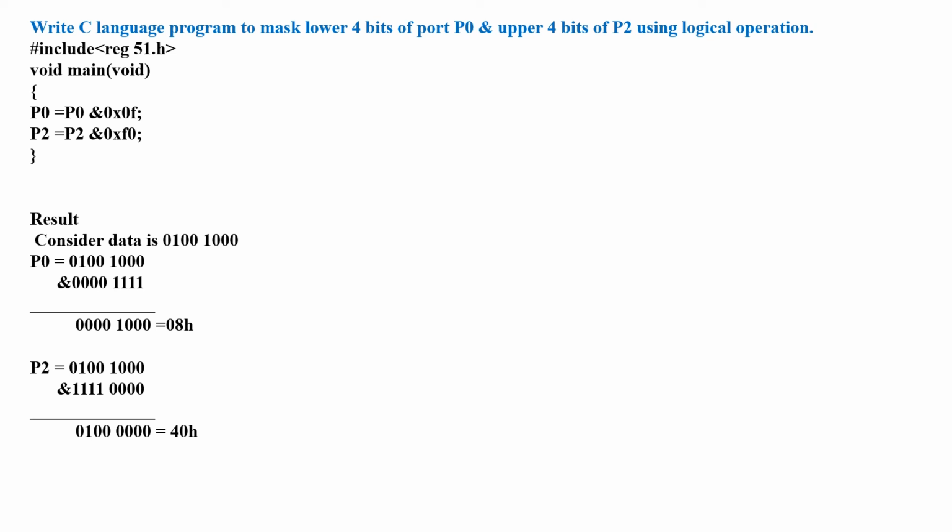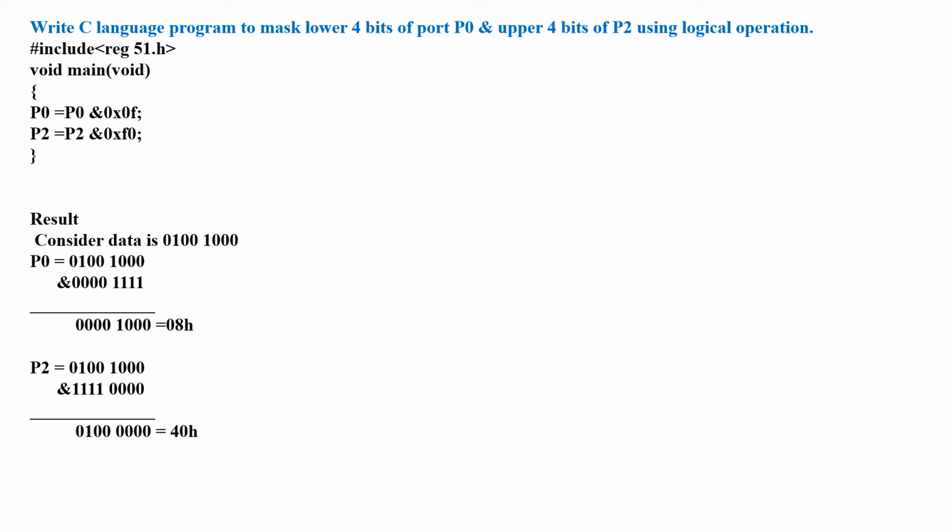In AND operation, 0 multiplied by anything is 0, and if both the bits are high the value is 1. So the result is produced as 0 0 0 0 1 0 0 0, which is 08H, and it is displayed to port P0.